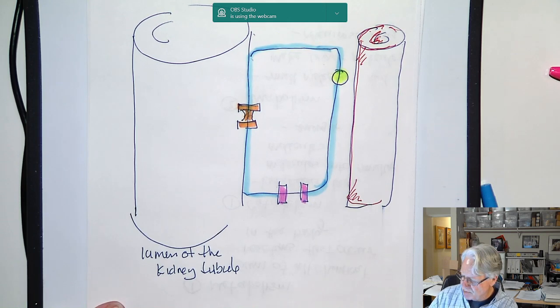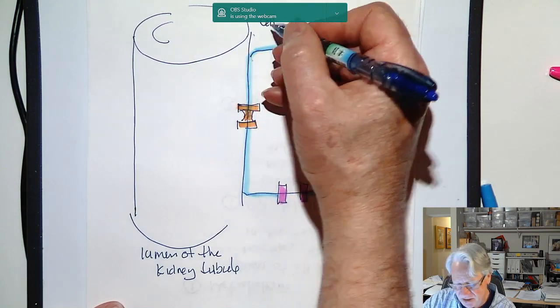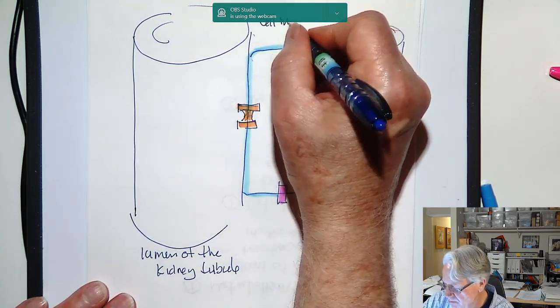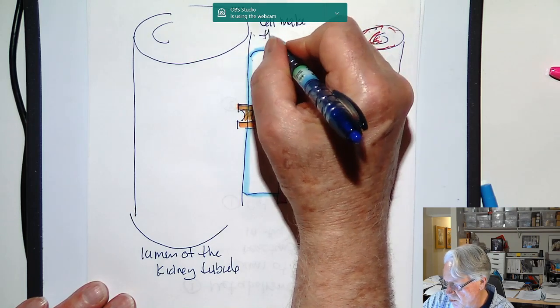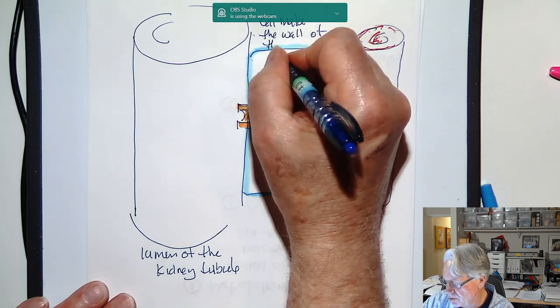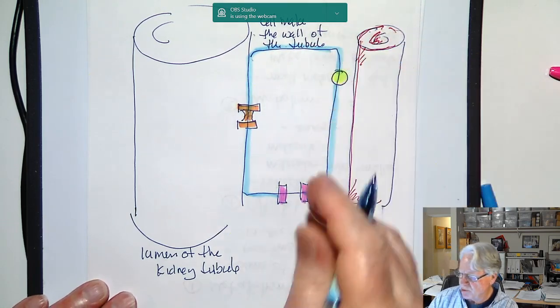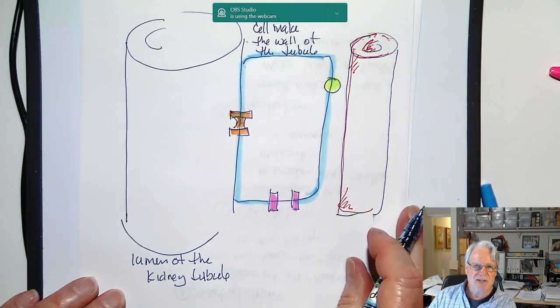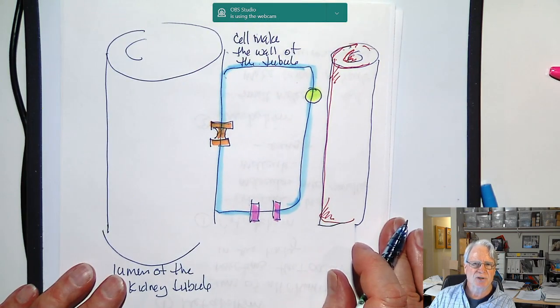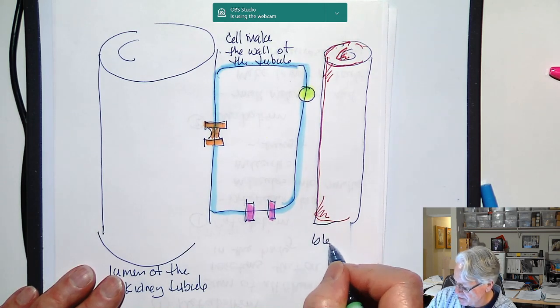And then this will be the cells. Let's put this up here. This will be the cell making the wall of the tubule. So the wall of the tubule is made up of these cells. I've exaggerated the size of the cell, and I've only shown one. And this is going to be my blood capillary here.